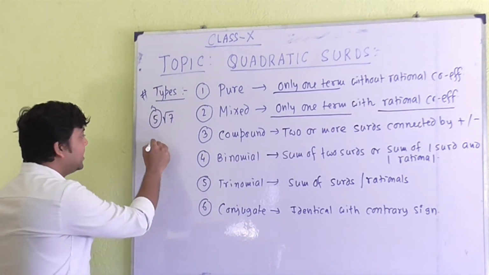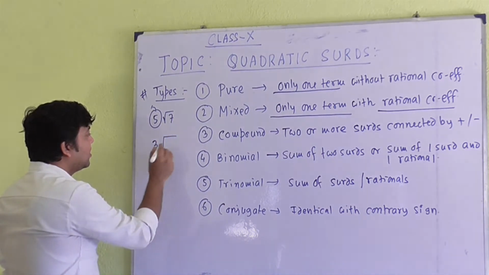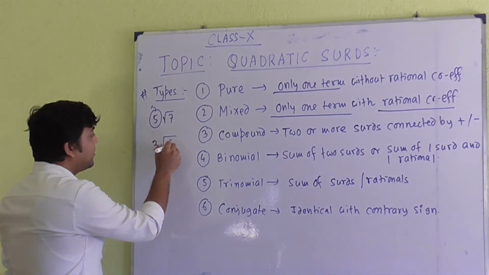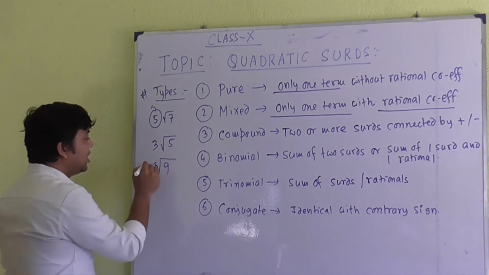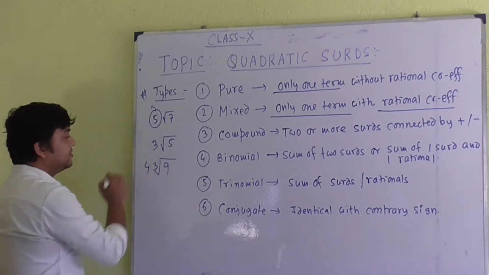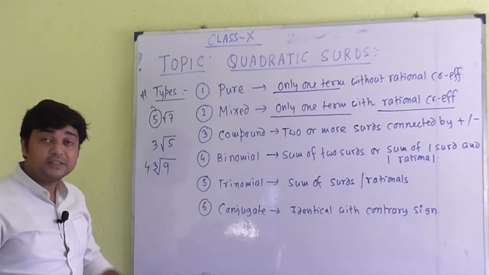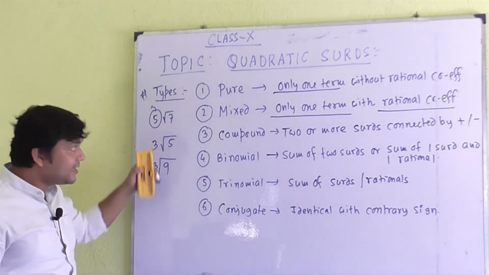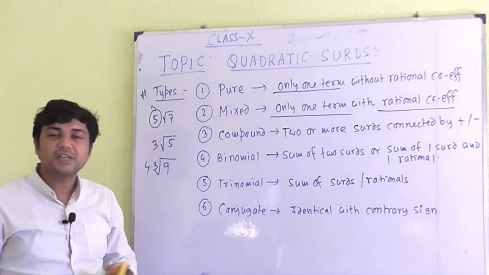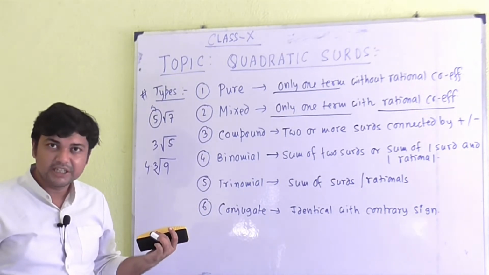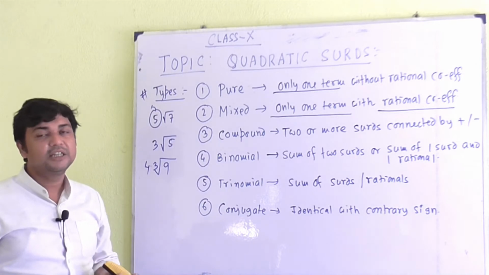Another example, if you take 3 root 5 or 4 into cube root 9, this is also a mixed surd. Because in all these examples, you can observe only one term present as well as some rational coefficient also present here. That's why they are known as mixed surds.